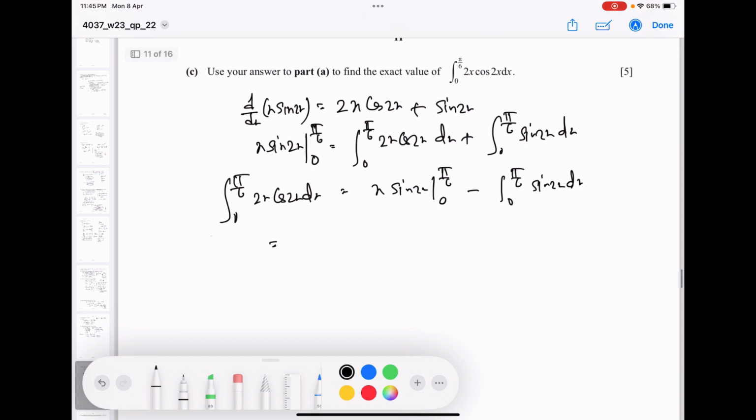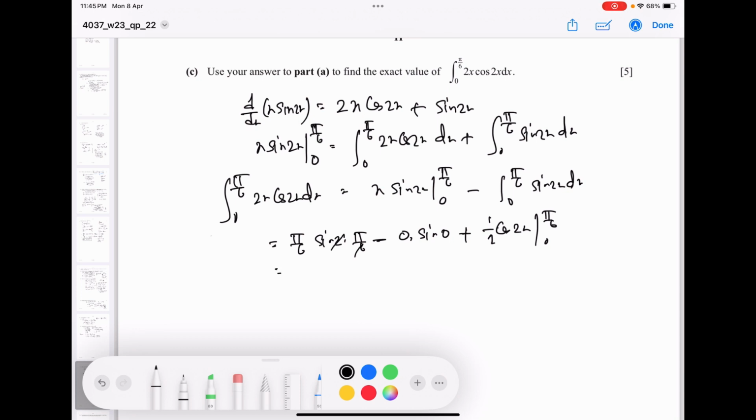Let's find pi by 6 sin 2 times pi by 6 minus 0 sin 0. Minus, this will be plus half cos 2x from 0 to pi by 6.